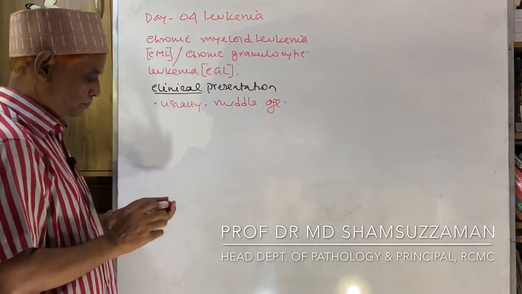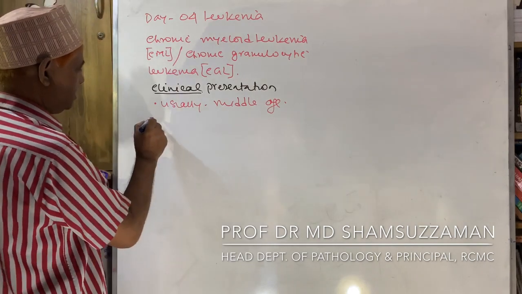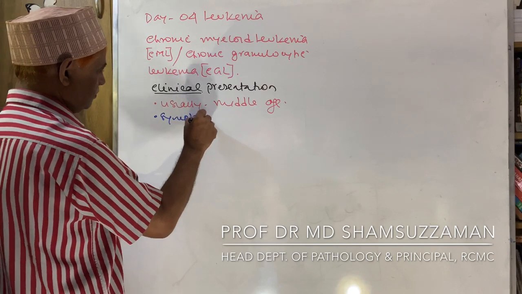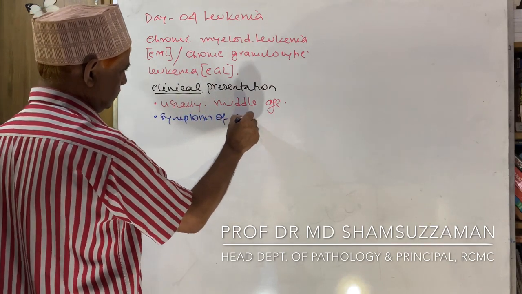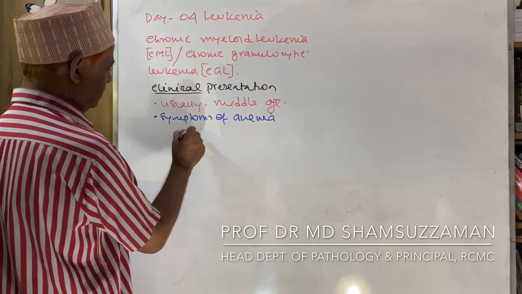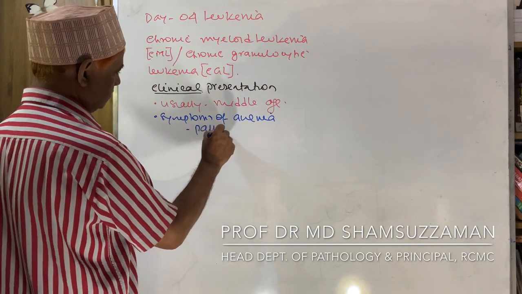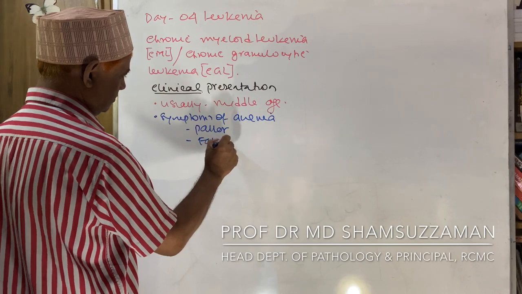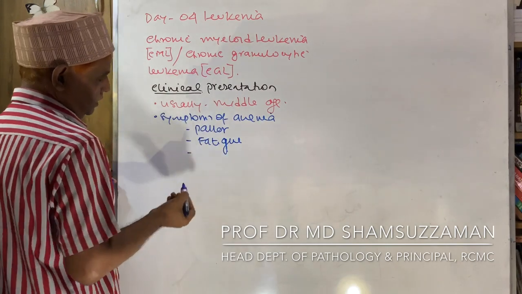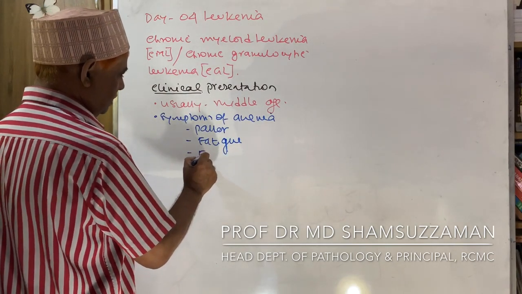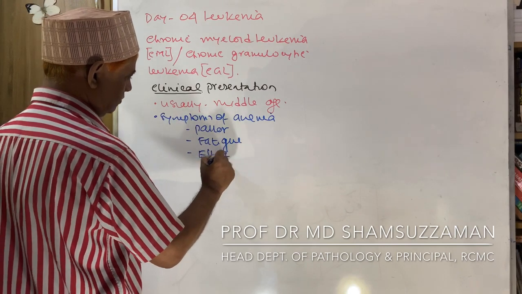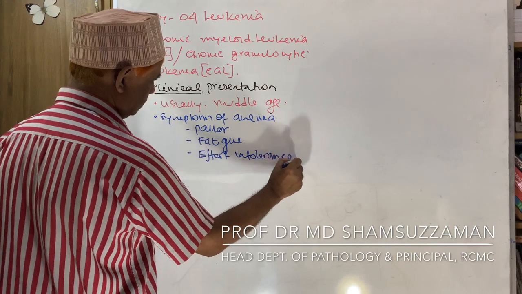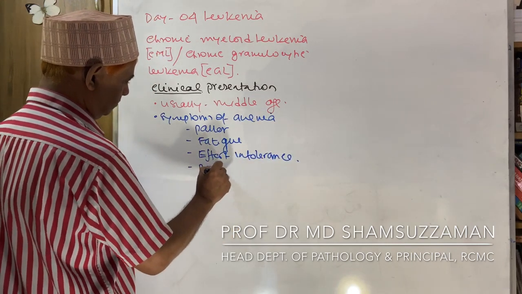And there is anemia, so symptoms of anemia, like pallor, fatigue, effort intolerance, palpitation.